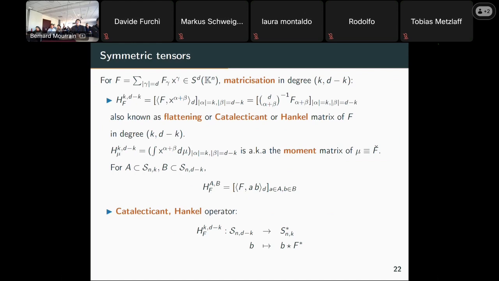And this defines the flattening of F, also called the catalecticant or Hankel matrix associated to F in degree K, D minus K.